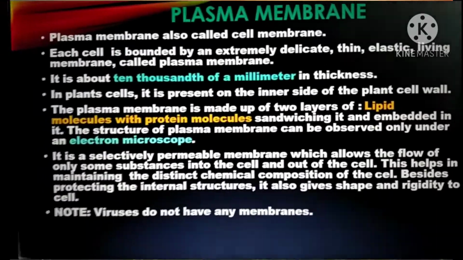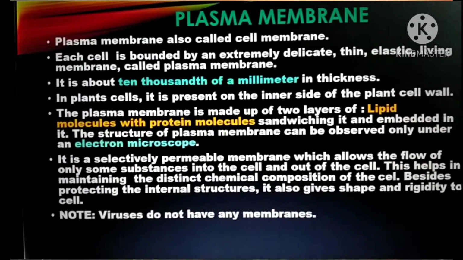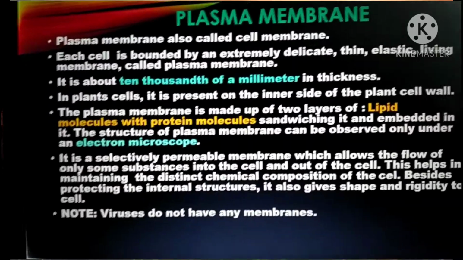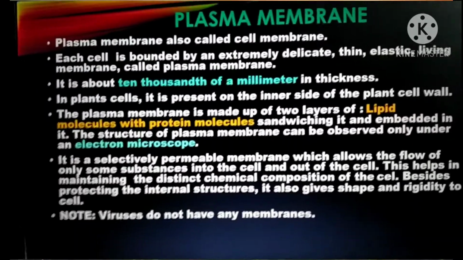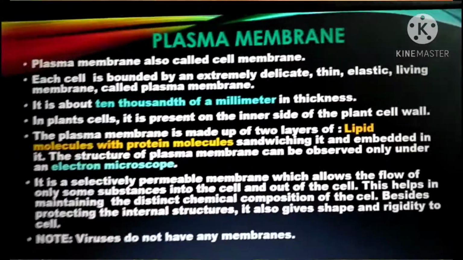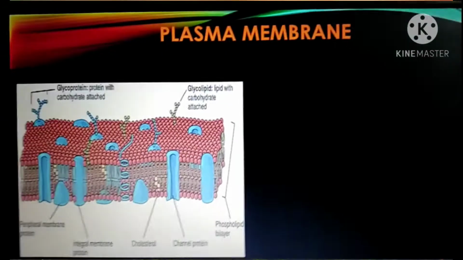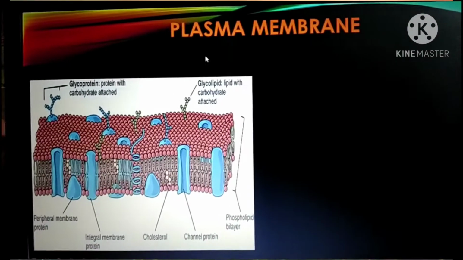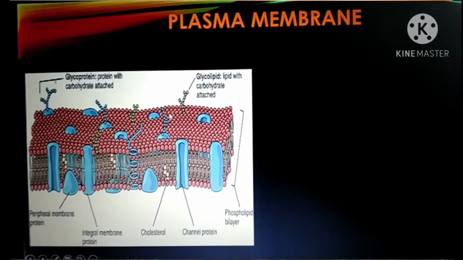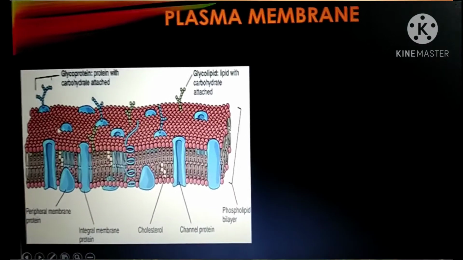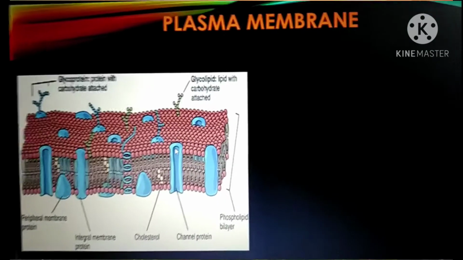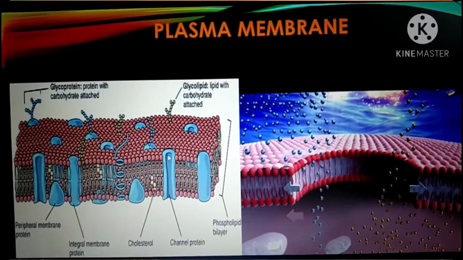Besides protecting the internal structure, it also gives shape and rigidity to the cell. Note that viruses do not have any membranes. In the diagram you can see glycoprotein, glycolipid and other complex structures that became known through the electron microscope.